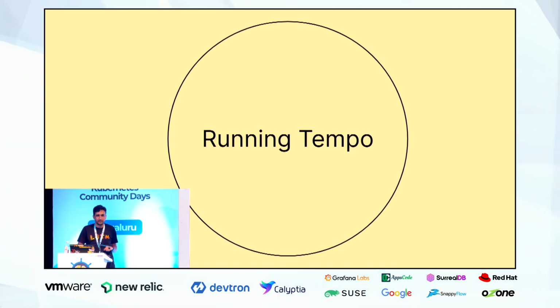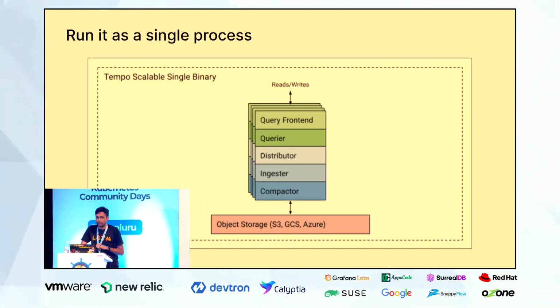So okay, let's see how we can run Tempo. You can run it as a single binary, you don't have to make it complicated. Just one Go binary, you start it, and that binary does everything, your ingestion and querying, compaction, everything. So just one S3 compatible or an object store bucket with the binary, and you have a tracing setup ready.